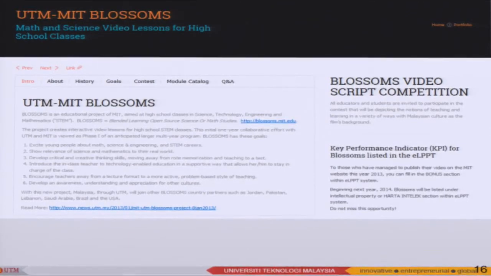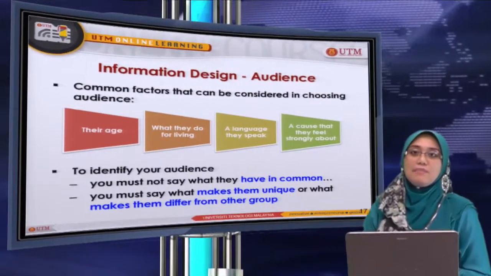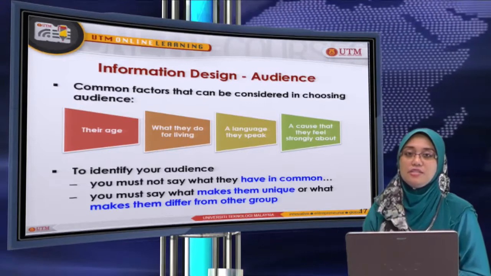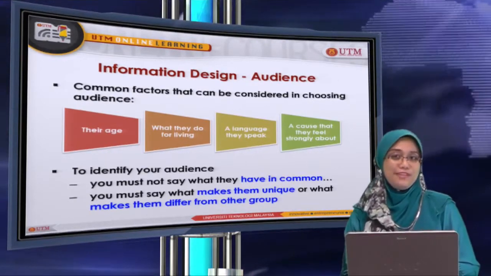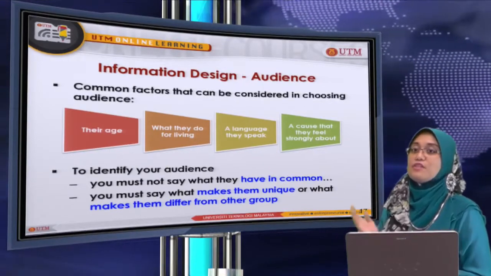You must say what makes them unique and what makes them differ from other groups. Common factors that can be considered in choosing an audience are, first, their age, what they do for a living, the language they speak, and a cause that they feel strongly about.